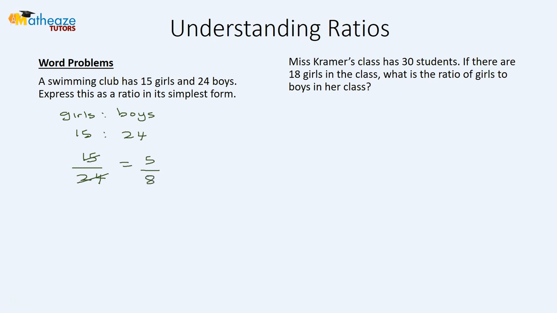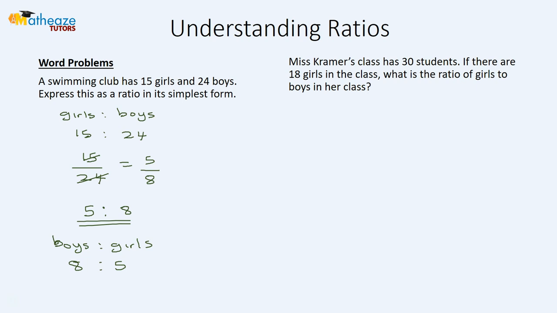So this ratio in the simplest form is 5 to 8. Also, if you decide to go the reverse way, boys to girls, it'll just be the reverse. It'll be 8 to 5.